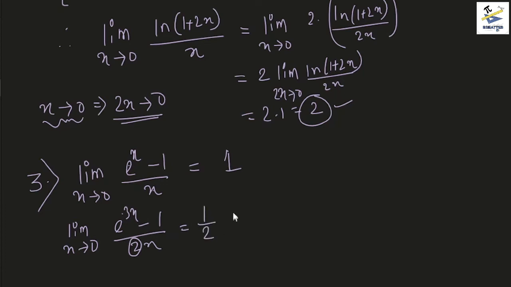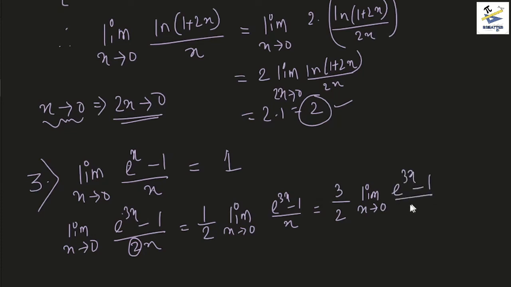We can take it out and write it as limit x tends to 0, e to the power 3x minus 1 by x, and then we can have a 3 here, so that we do a proper adjustment by making the denominator equal to 3x, and this shall give you 3 by 2 because this portion is just 1, right? So I hope you get the idea.